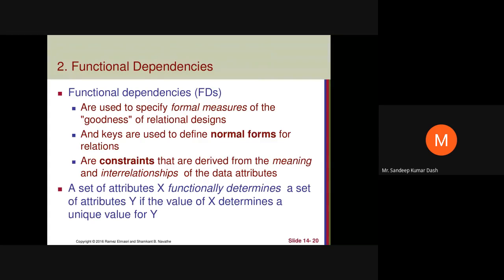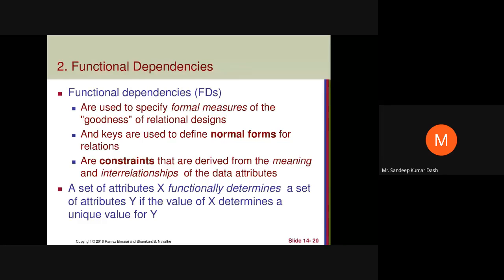Suppose at a particular instant your relation has three rows. It is obeying the functional dependency constraint, it is obeying the primary key constraint. The moment you try to insert a null value into the primary key attribute, it will say no, you simply cannot insert. That is not allowed. But if you insert data which is violating the functional dependency, it will be allowed.